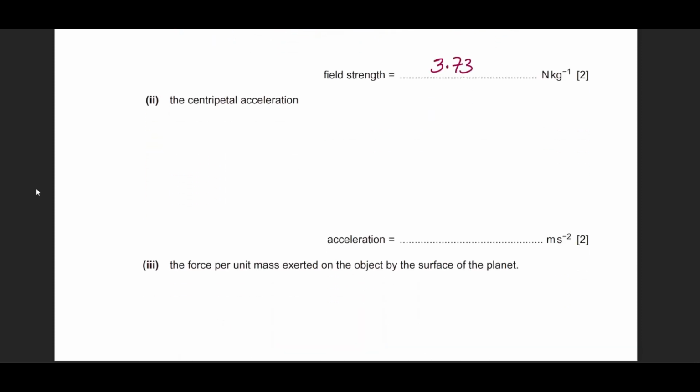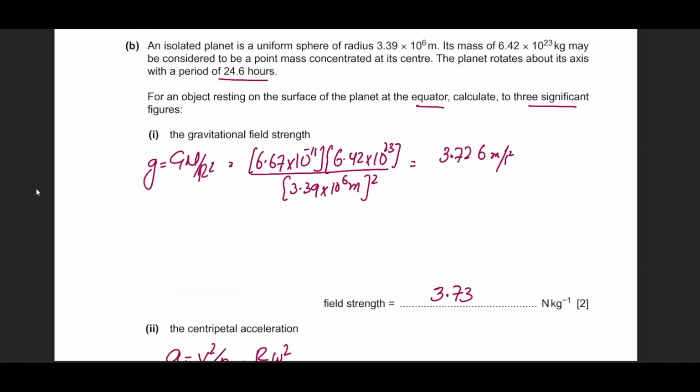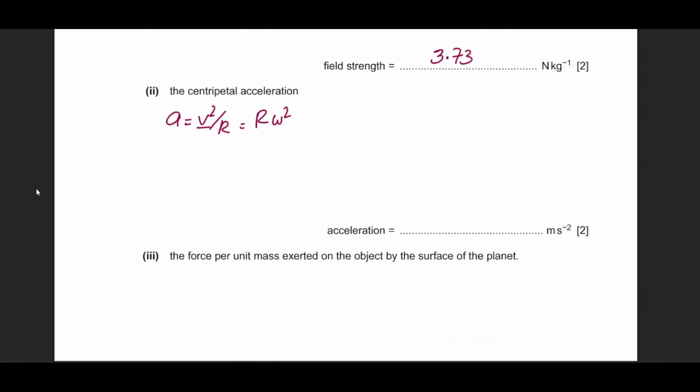The centripetal acceleration is going to be a equals v square over R, or it could have been omega square R. Since we don't have the tangential velocity, and we do have the time period mentioned, I believe we are going to use R omega square.